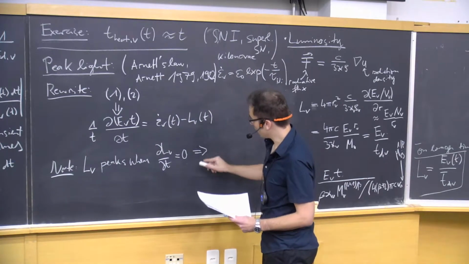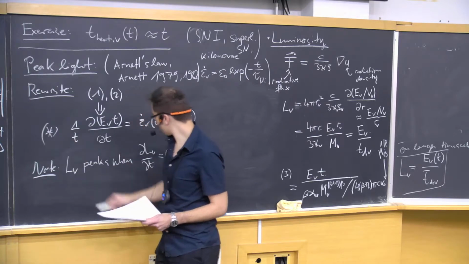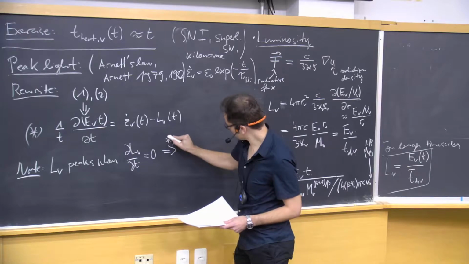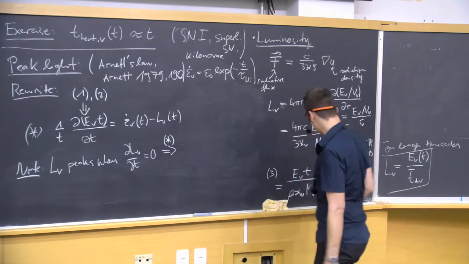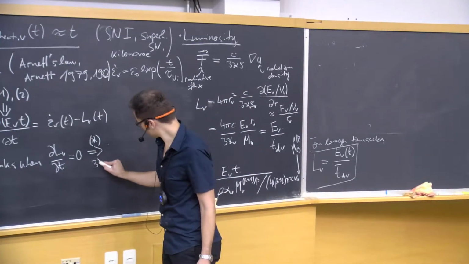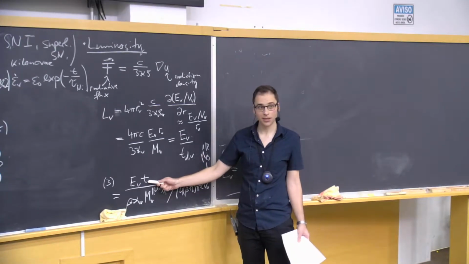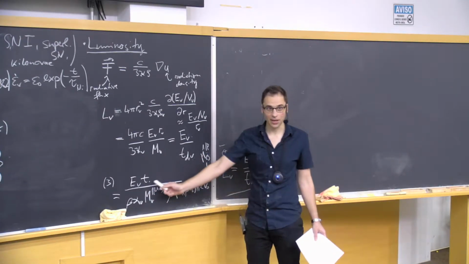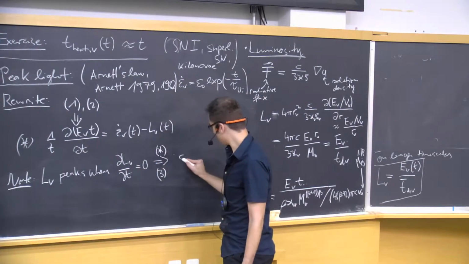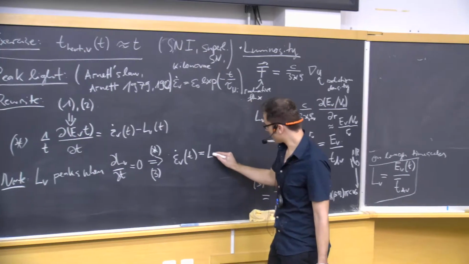Which then implies that, according to this equation, if this vanishes from 3, because here we have exactly E times time divided by something that doesn't depend on time, then the heating rate at peak light equals the luminosity.